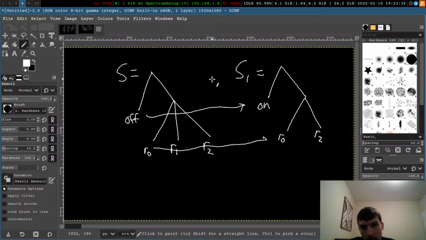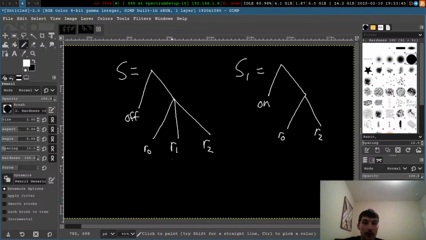And then this goes to on. Okay, we have these two structures, and then let's describe dS. Can we make this canvas bigger?